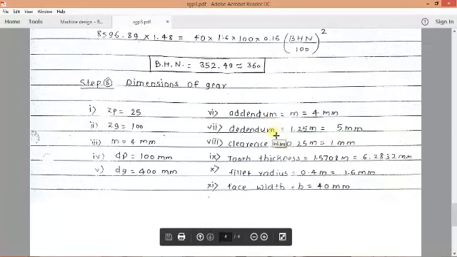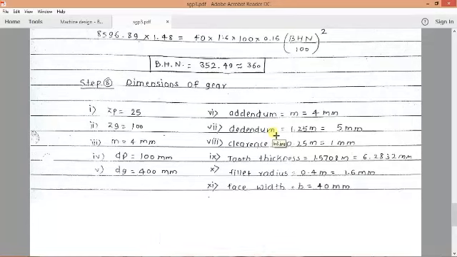These are the standards. I am not taking these values from my mind. These are the standards specified when we design the gear: addendum is always equal to module, dedendum is always 1.25 of the module, and clearance is 0.25 of the module.